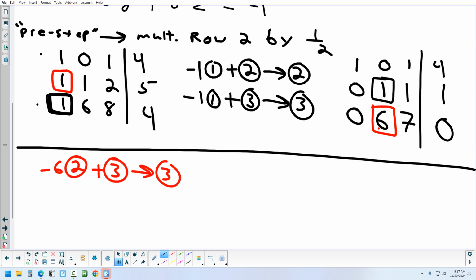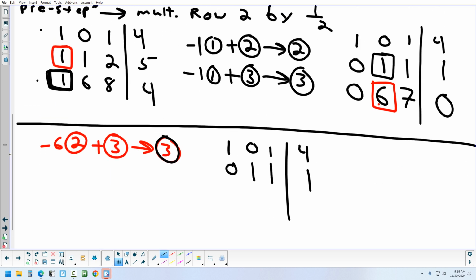Okay, so when we do this step in red, what rows are not changing? Row 1 and row 2. Whatever numbers are not right there are not changing. So 1, 0, 1, 4. This is an easy place to make a mistake if you copy a number wrong. 0, 1, 1, 1.